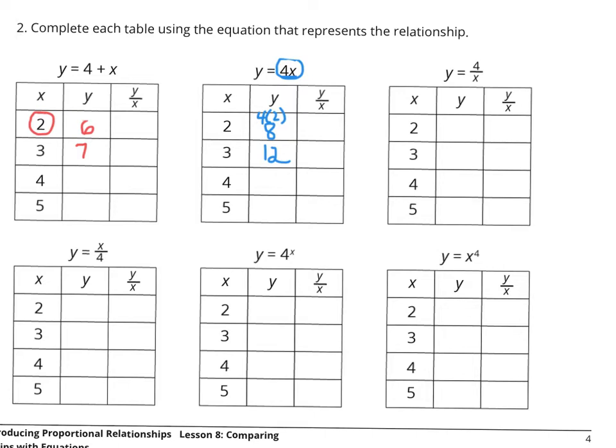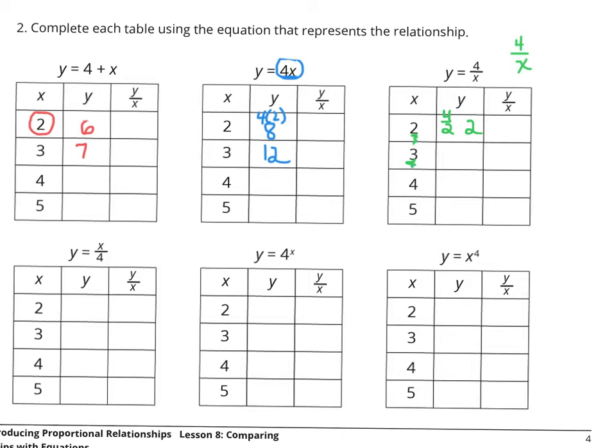All right, now we'll go on to the next table. The next one says 4 over x. And when we see that 4 over x, that fraction bar means to divide. So we're going to get some decimals here, and that's okay. If I figure this out when x is 2, that means I'm going to do 4 divided by that x value of 2, which will give me 2.